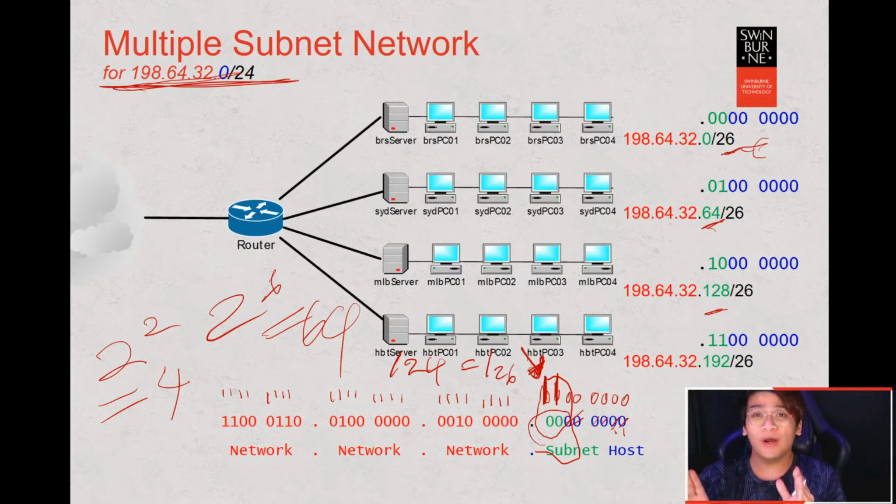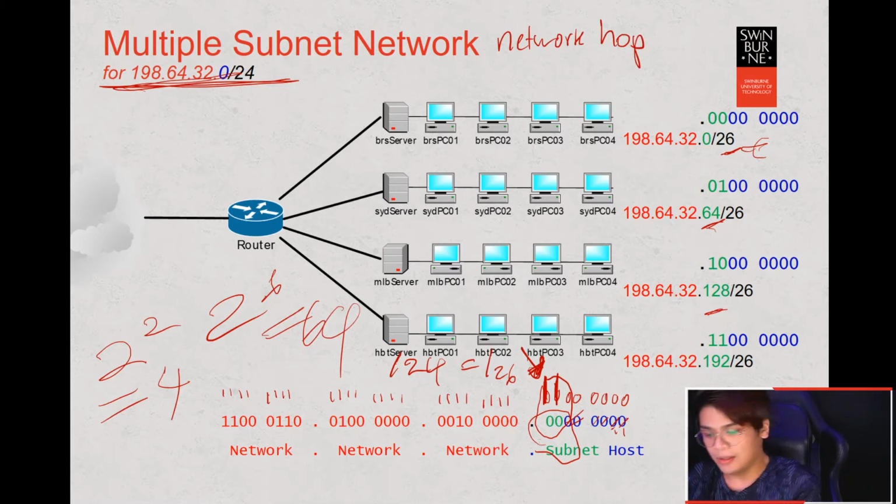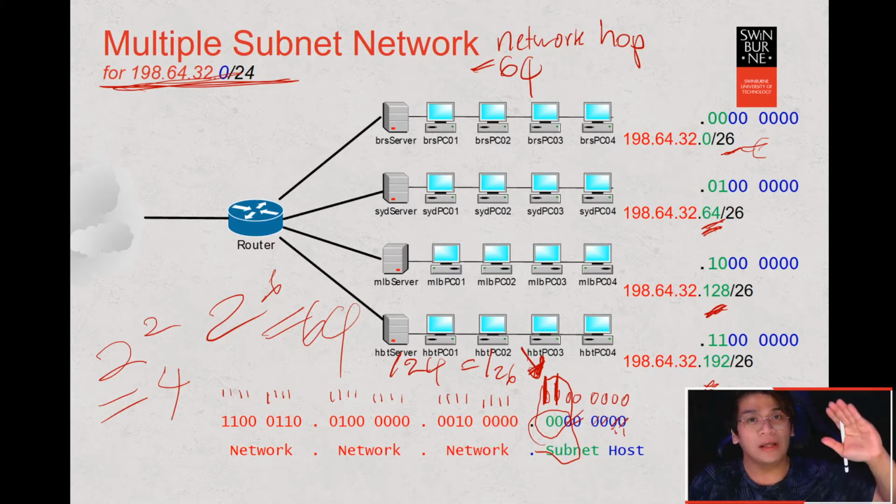So your network hop is the word you need to remember. Network hop is the one you need to remember. Now it is 64, meaning every 64 added to your network will become a new network.